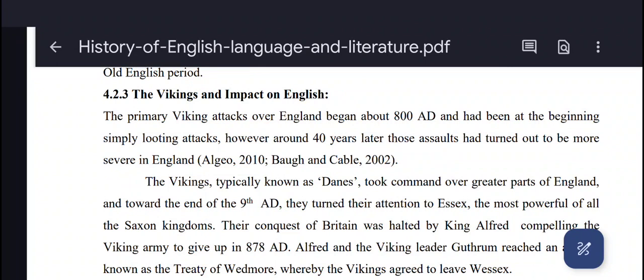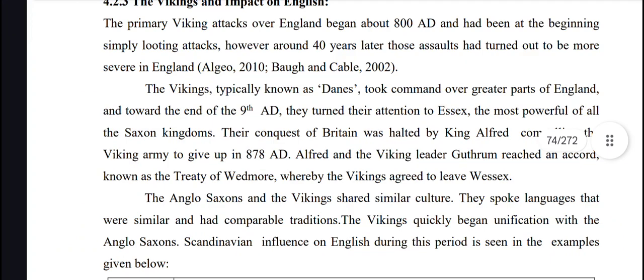Their conquest of Britain was halted by King Alfred, compelling the Viking army to give up in 878 AD.